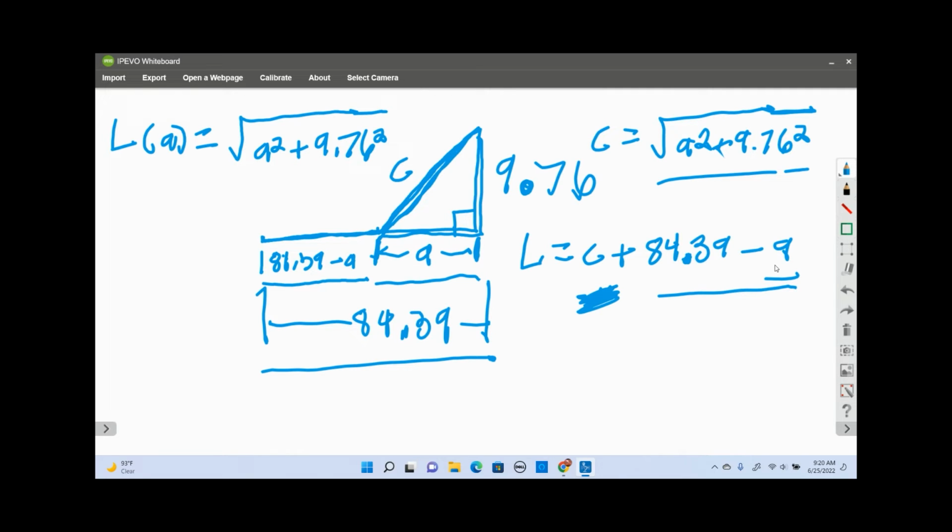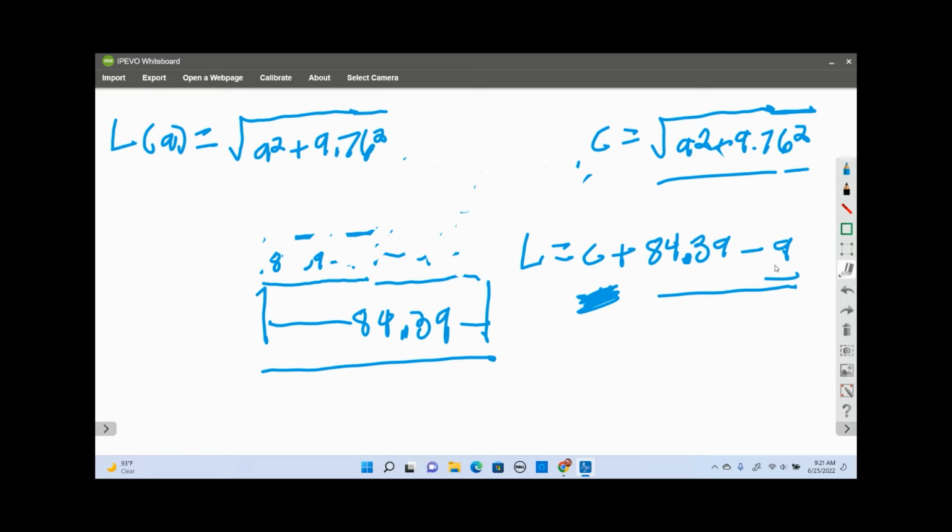And then, of course, we have this part. Plus, let me erase this little junk here. Okay. Plus, and I'm just going to write this again, 84.39 minus A. Let me get a little more room, just a little more erasing.